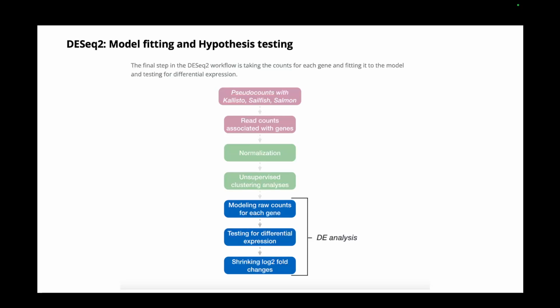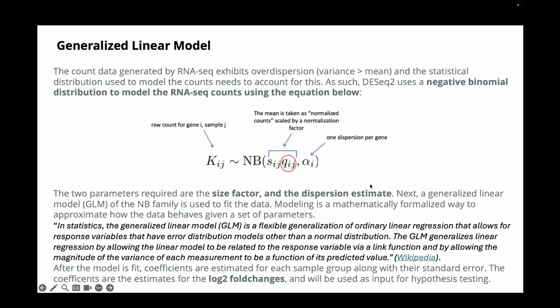There are numerous models used in DESeq2, like 3-4 models. So we'll look into each of the models and what it does. First, we'll talk about a generalized model, and then we'll look into the different types of model used in DESeq2. So first is the generalized linear model.